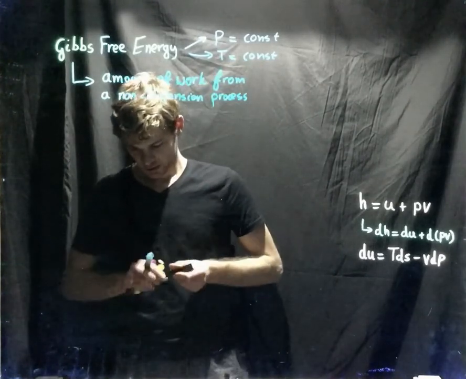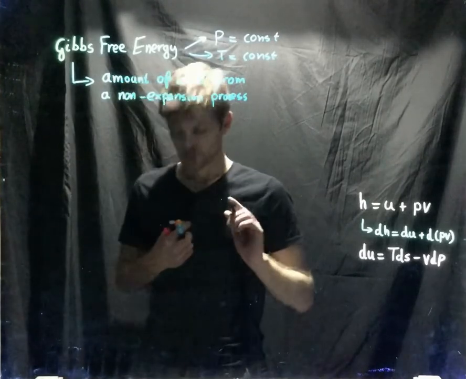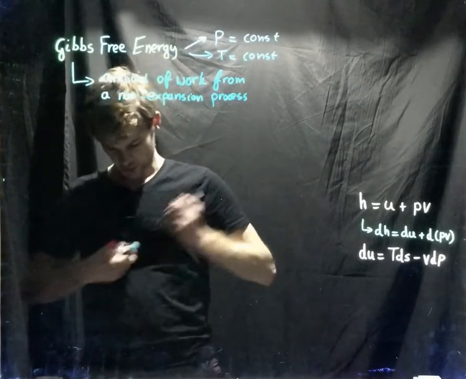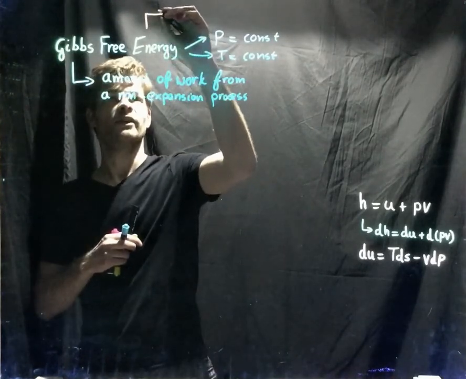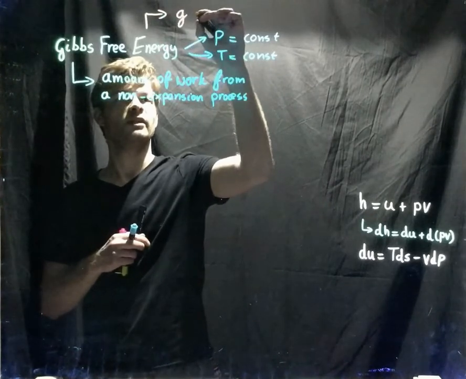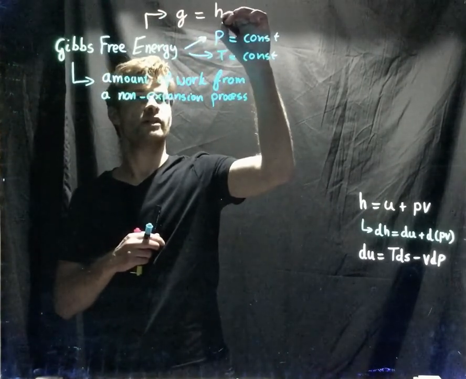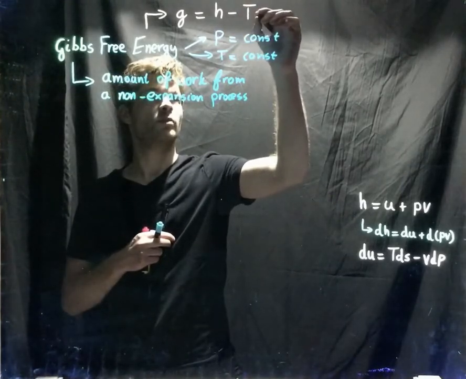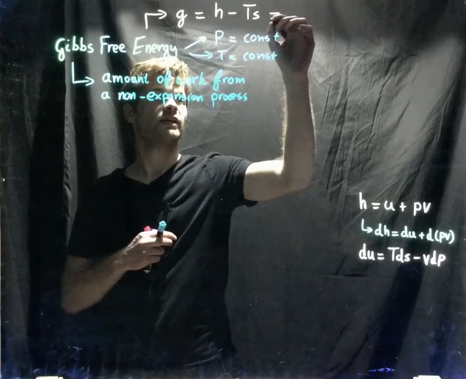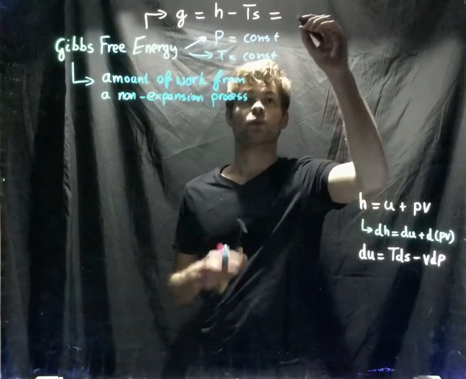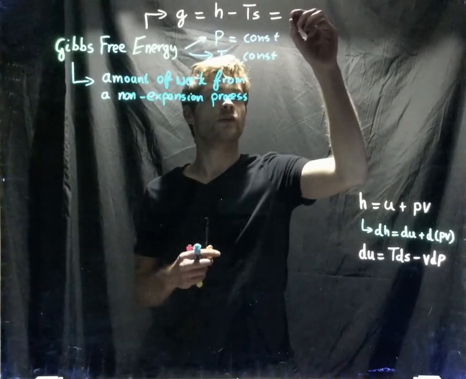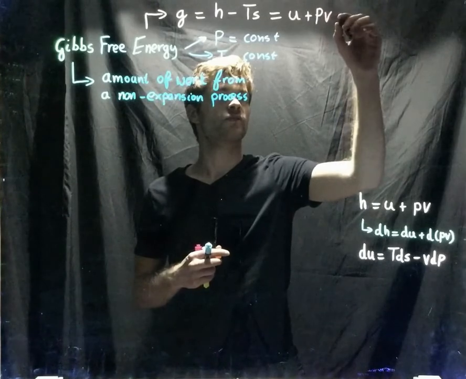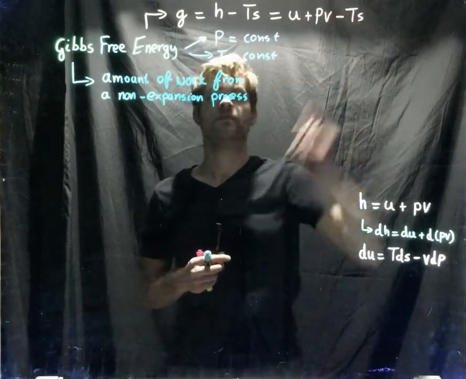The Gibbs free energy can of course be written as an equation. The Gibbs free energy, G, is equal to the enthalpy H minus temperature multiplied by the entropy, and that is equal to, if we write out what enthalpy means, U plus pressure times the volume minus Ts.